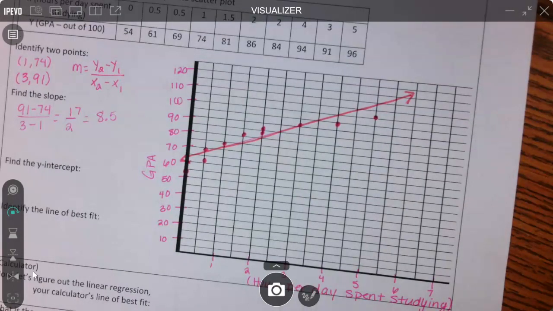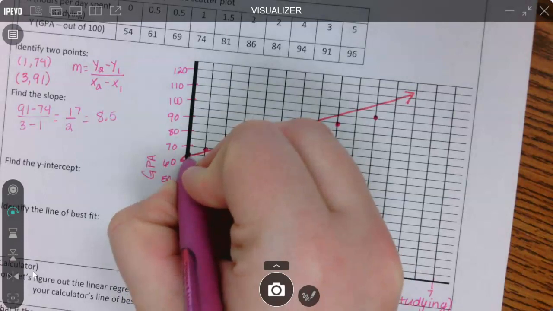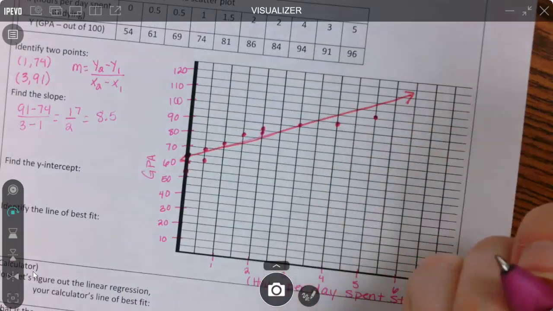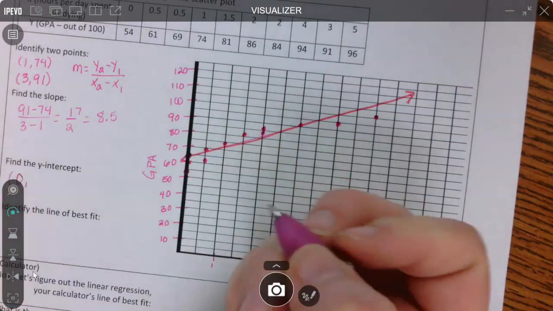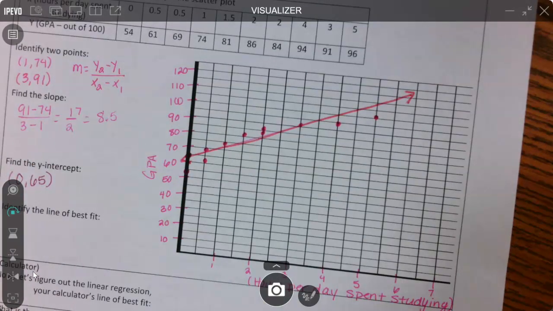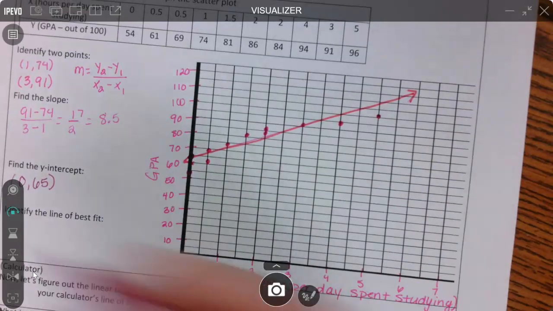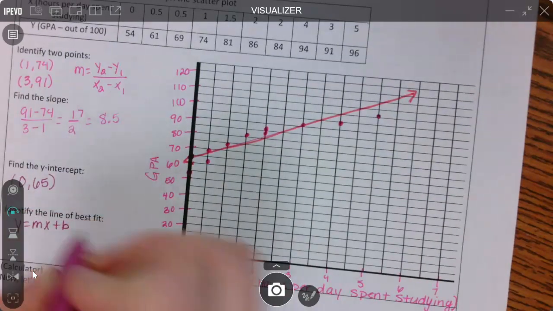So, based on that line that I just drew, what do you think your y-intercept is going to be? It would appear to be between 60 and 70, so it looks like it's going to be at 65. When you're writing your line of best fit, remember it's y equals mx plus b.